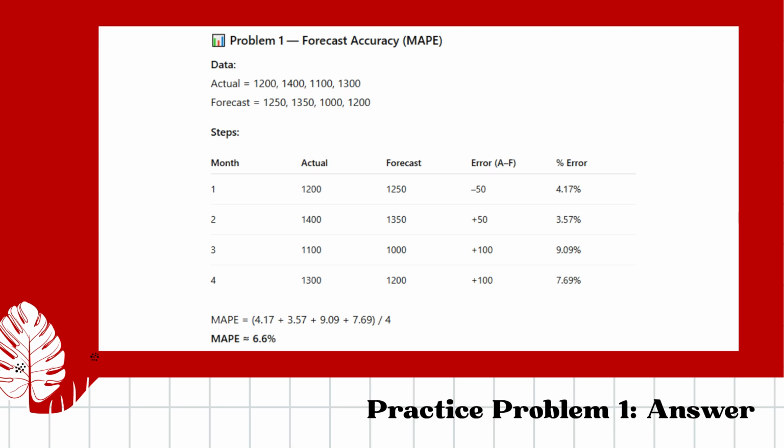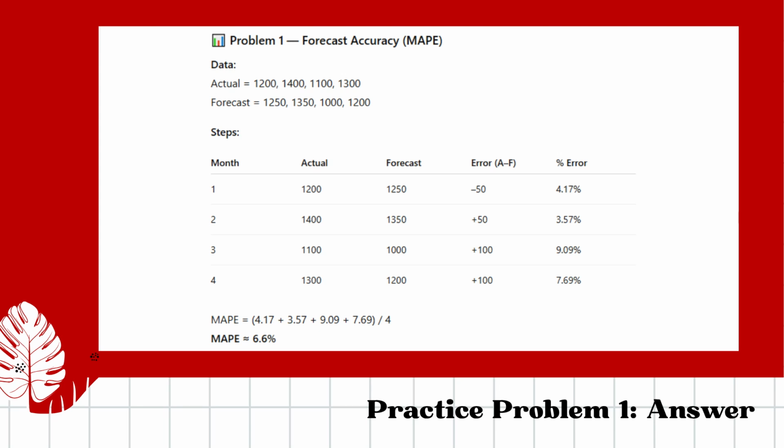Explanation. Problem 1. Let's check how accurate the forecast really was. For each month, we compare the forecast with the actual demand to find the error, whether the forecast was too high or too low. Next, we take the absolute difference because we only care about the size of the error, not its direction.